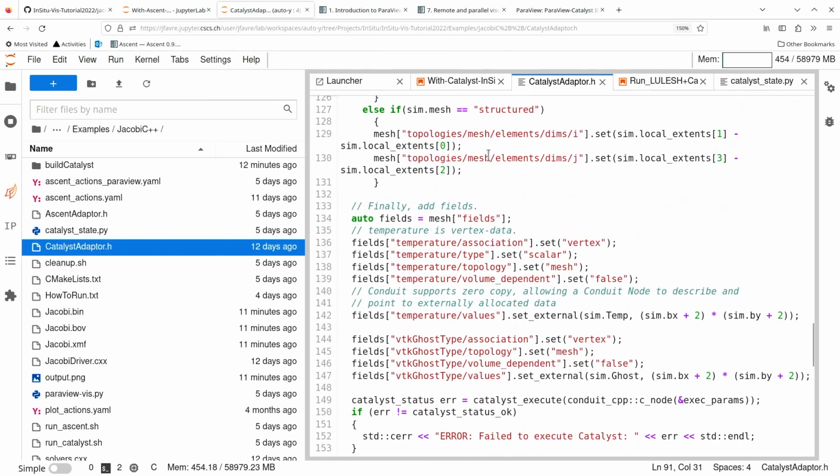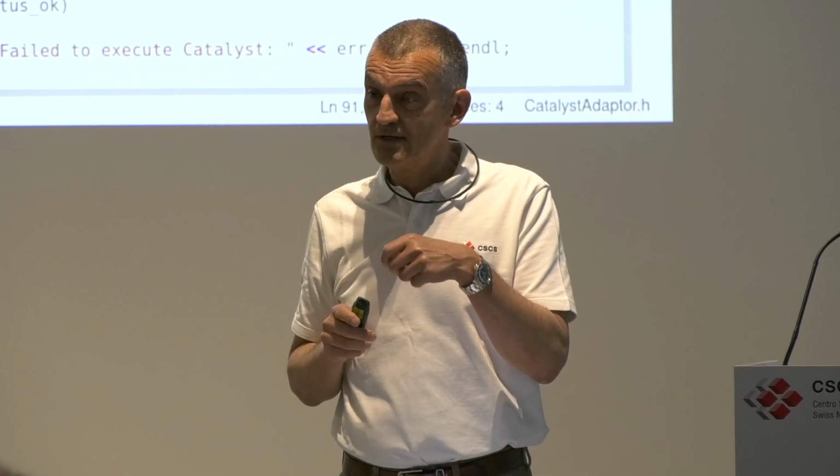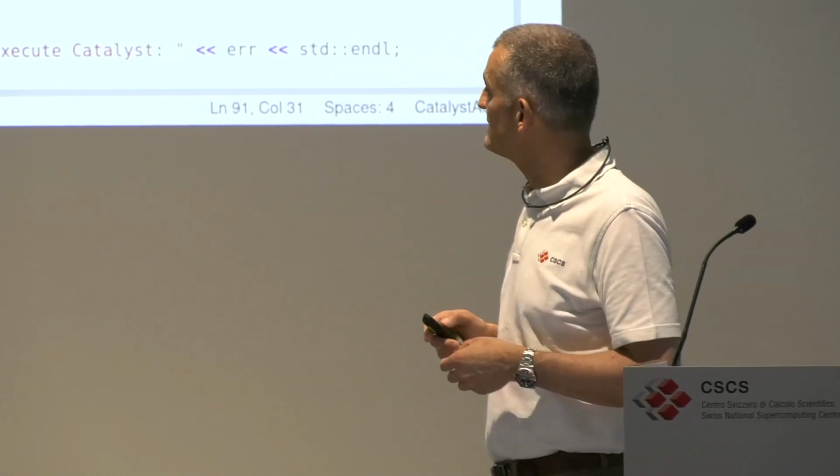Here you will recognize the temperature description. And then here I have one special one. I have a field. I have given it the name VTK ghost type. This is a reserved keyword in ParaView, which tells ParaView this field encodes whether the data cell or the data point is a ghost cell or ghost point. So then ParaView can do some optimization on that.